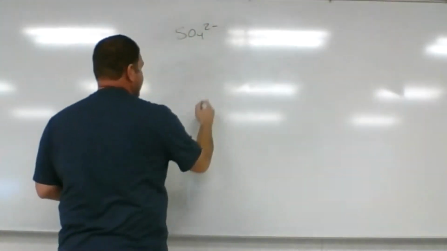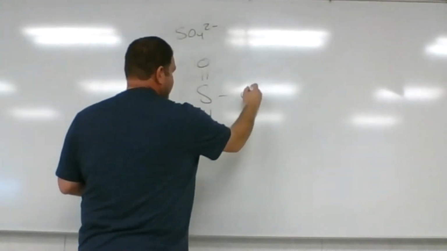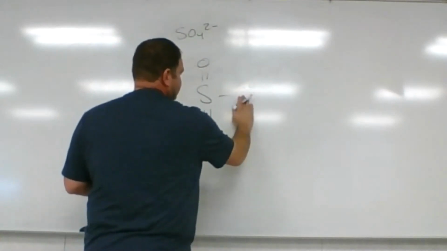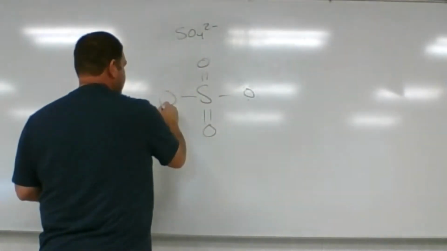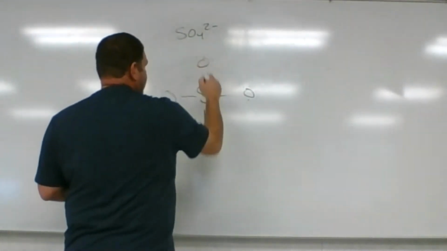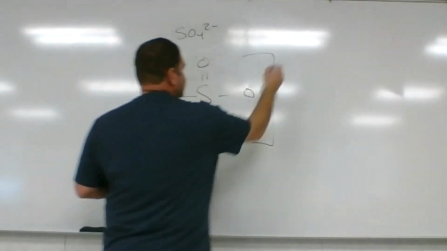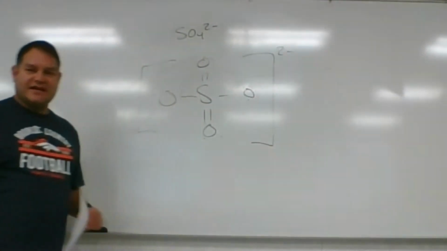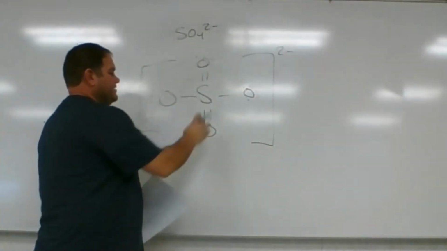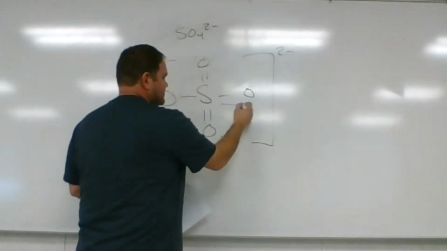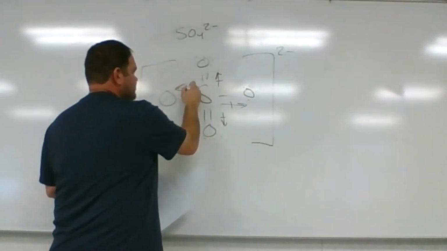All right, let's look at another one here. SO4 2 minus. Let's just look at one possible resonance structure here. This is an ion, so we need brackets. Shape: tetrahedral. Now, we just said oxygen is more electronegative, so all these dipoles are pointing towards oxygen.